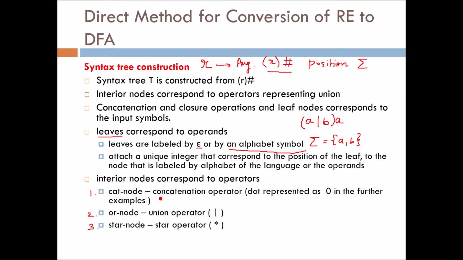And the third type is a star node, which signifies the star operation in a regular expression, represented by a star. While constructing the tree, we will be scanning the regular expression from left to right, and we will construct the tree with a bottom to top approach.